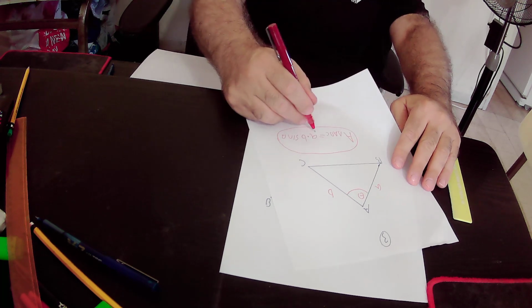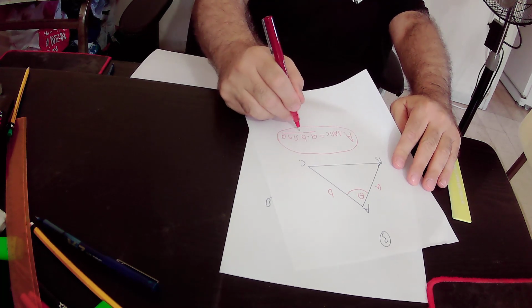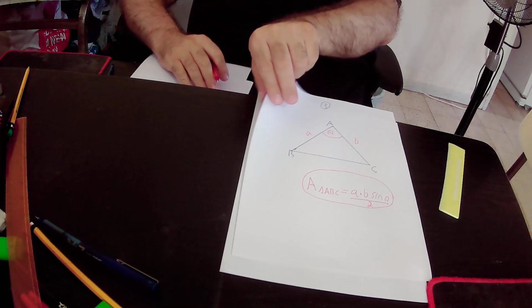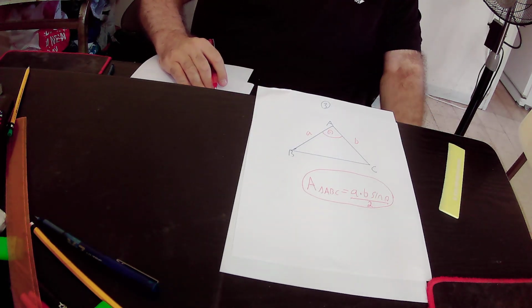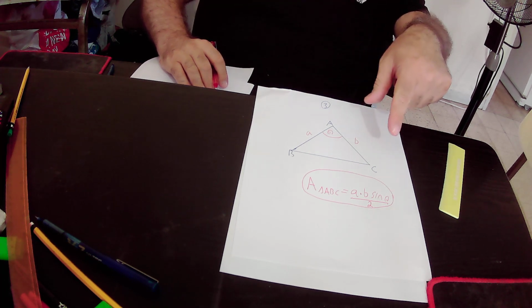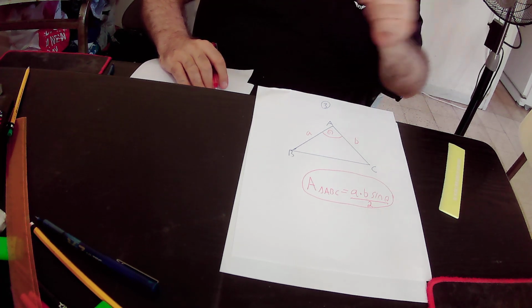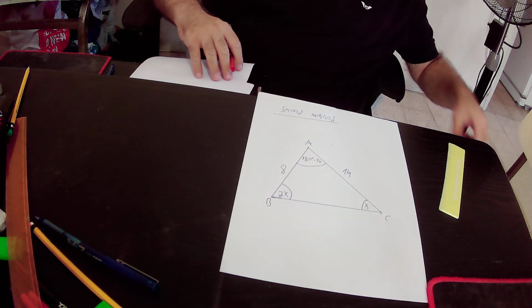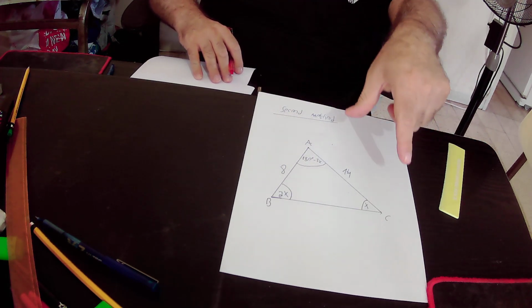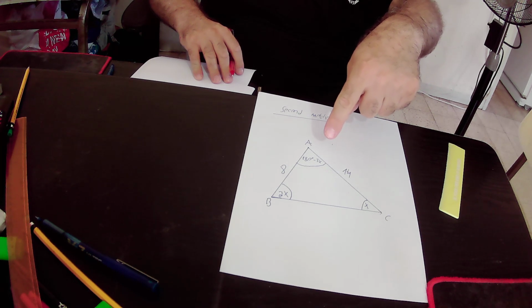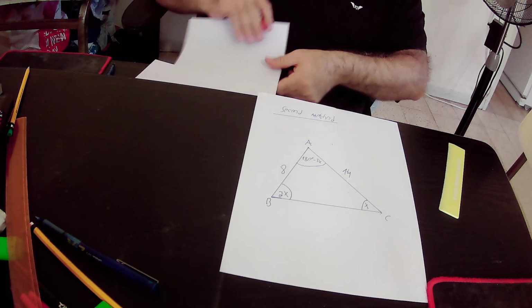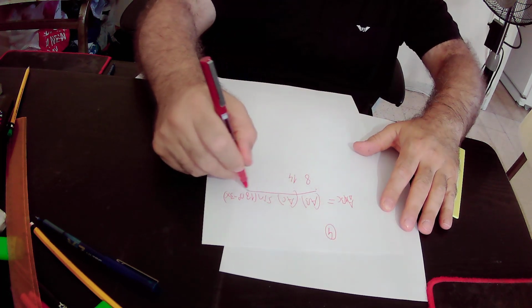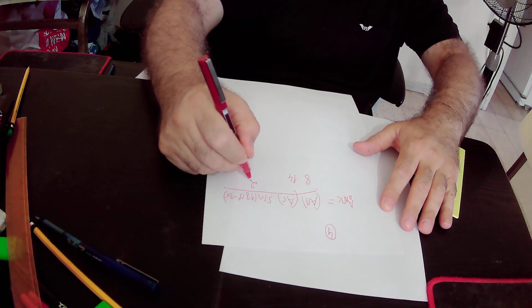Okay, I forgot to divide it by 2. Again, the area equals A times B times sinus theta over 2. Therefore, the area of this triangle will be equal to AB times AC times sinus 180 degrees minus 3x over 2. Okay, we must divide this by 2.